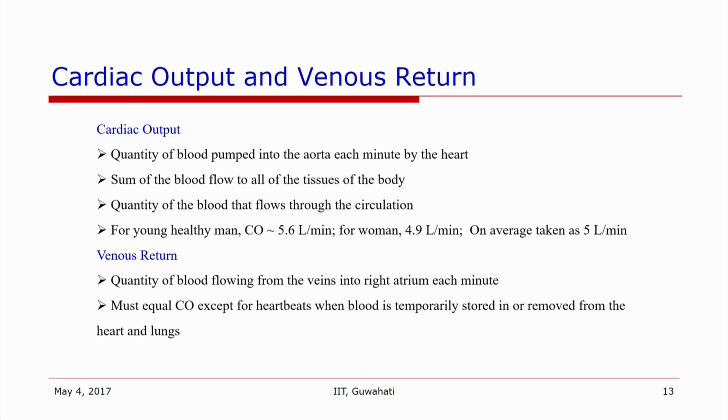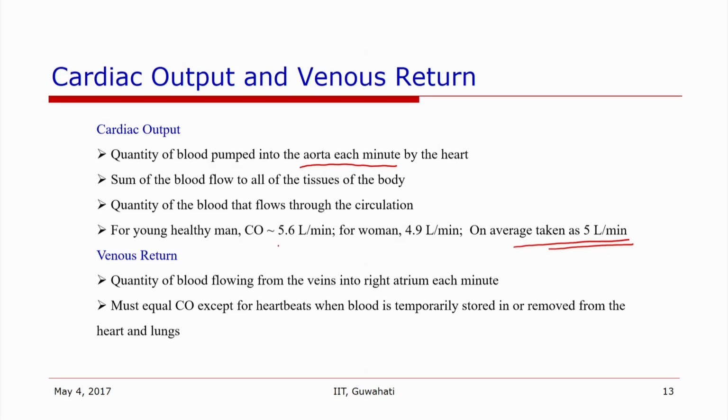So the flow rate, the entire flow that is coming out from the heart, is known as cardiac output. Of course, it will vary during a cardiac cycle. So the average flow per minute, the quantity of blood that is pumped into the aorta each minute, is known as cardiac output, and on an average it is taken as about 5 liters per minute.